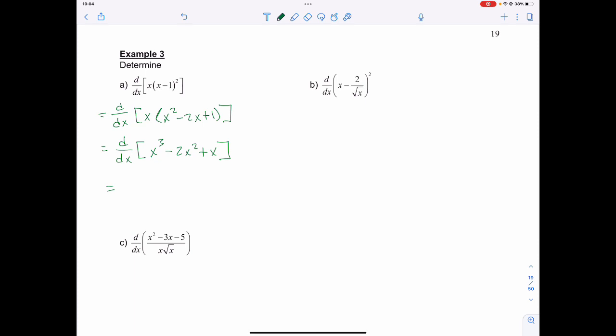And this is going to give me 3x to the 2 minus 4x plus 1.